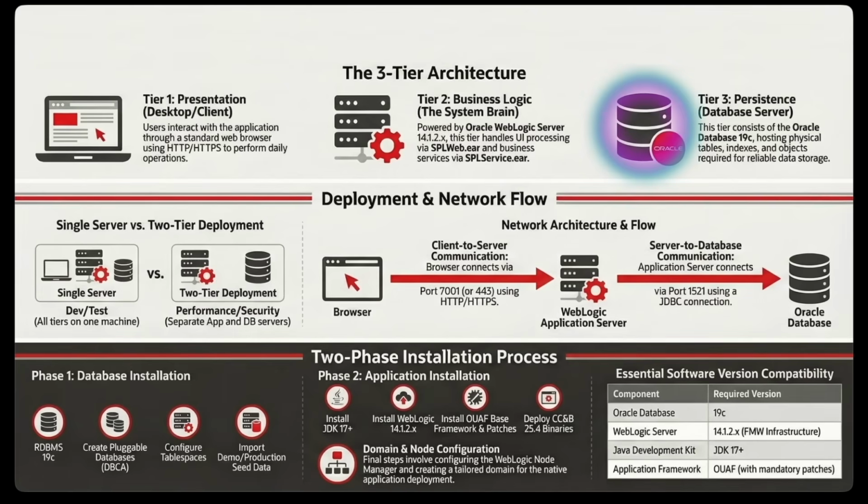This is your persistence tier, which stores all metadata, configuration data, master data, and the transaction data of your OUF application. By dividing the workload across these layers, the system becomes highly scalable, performs better, and is much easier to maintain.